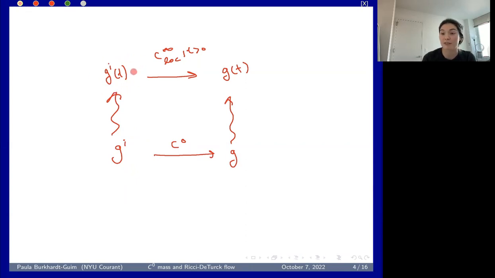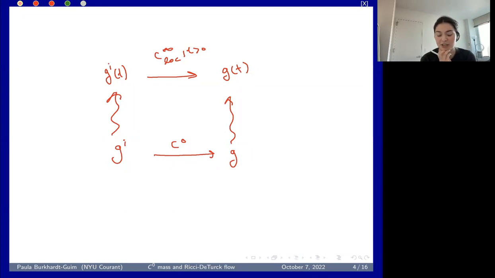At positive times, we have locally smooth convergence, so the limiting flow is also going to satisfy that bound. Then if we let t go to 0, we find that the limit satisfies the same uniform lower scalar curvature bound. This is like a baby version of Bamler's proof, in the case where the lower bound is a constant and all of these metrics are little perturbations of Euclidean space.